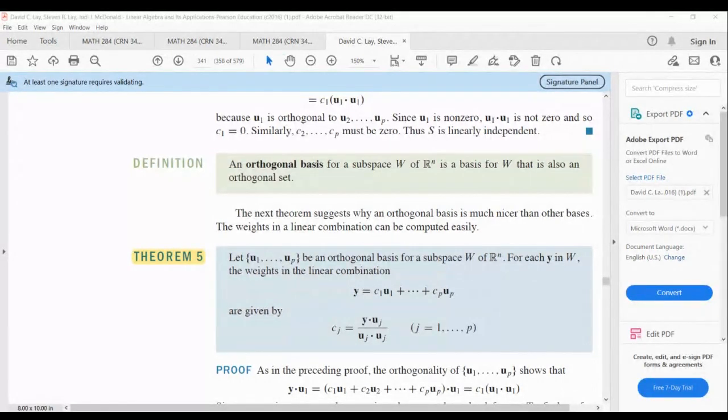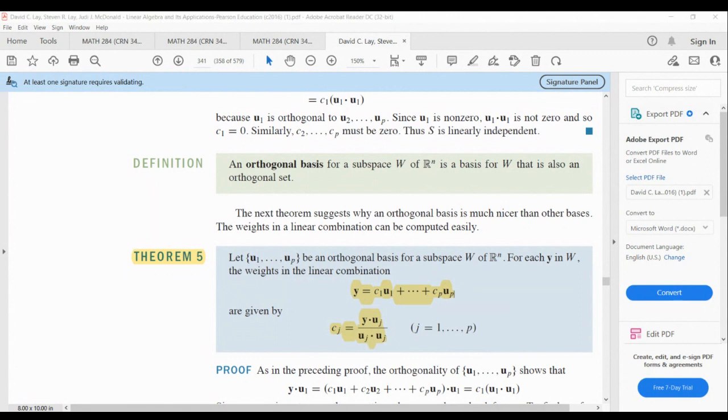So here it is. In this theorem, we suppose we have an orthogonal basis for a subspace, and you have a vector y in the subspace, and we want to be able to write the vector y as a linear combination of the basis vectors. Well, it turns out that the coefficients for the linear combination can be found simply using this formula.